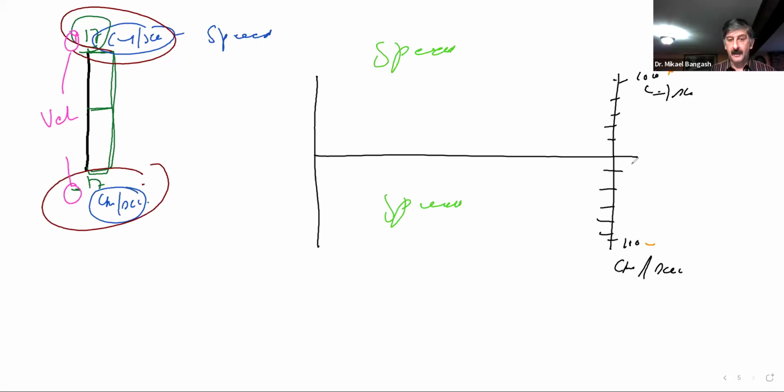Whether positive or negative is going to be determined by the direction of the blood flow. And that's why in most Doppler examinations, the thing that we will be looking for is velocity.